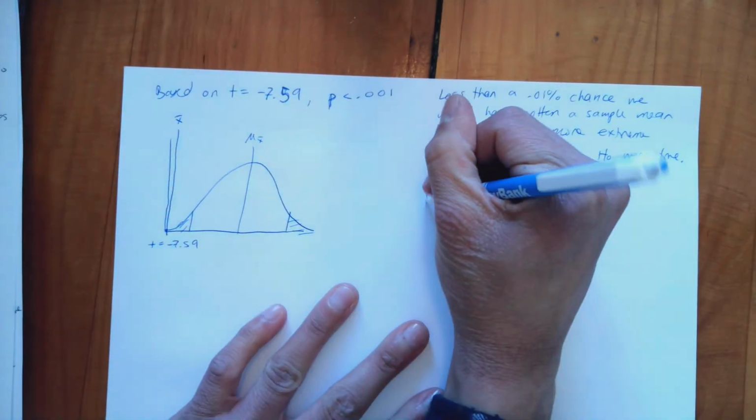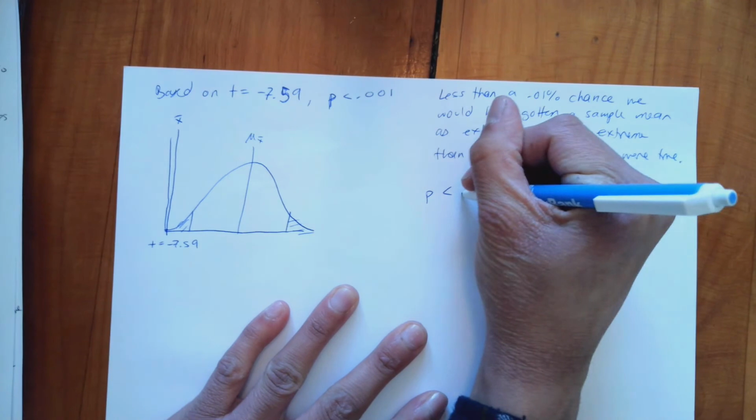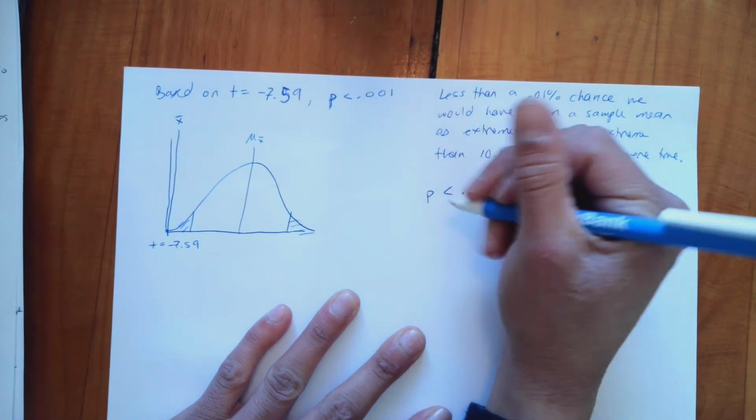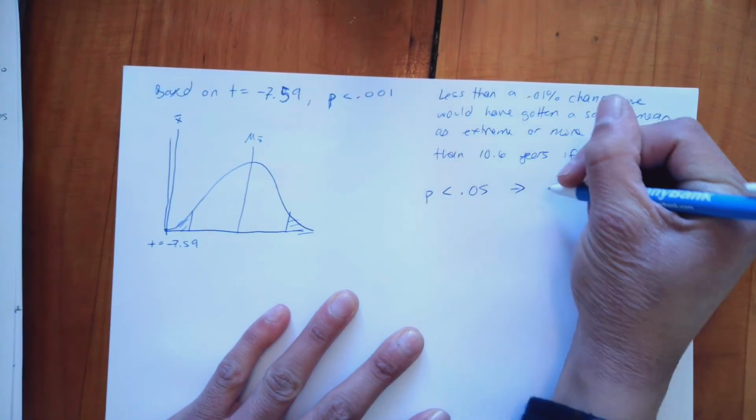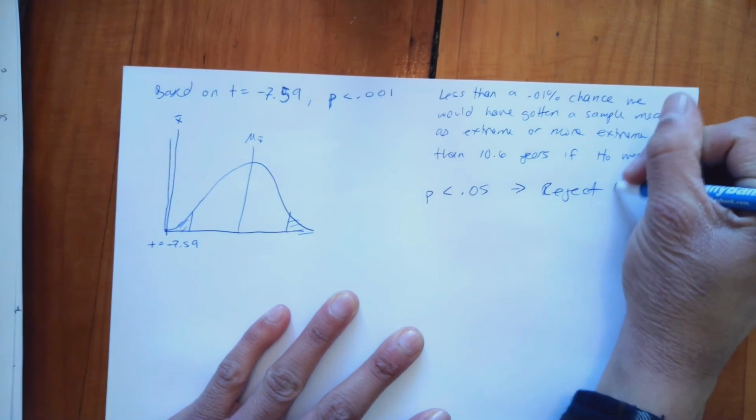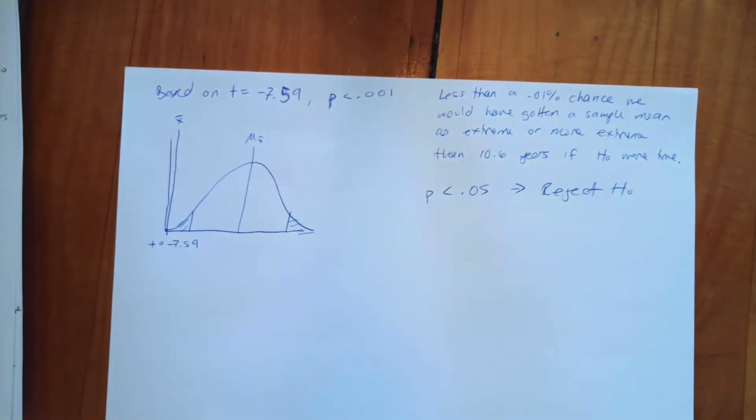So we would say that because p is less than our alpha level, we reject the null hypothesis. Based on our sample mean of 10.6 years, we can say that we have evidence that the true population mean is probably not 15 years, because it's really unlikely.